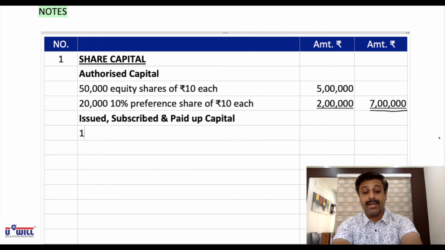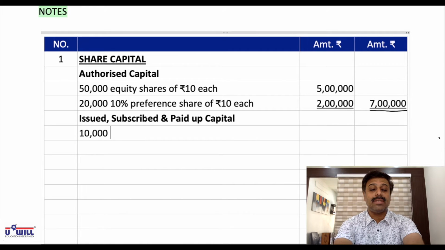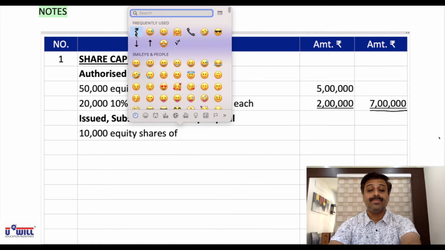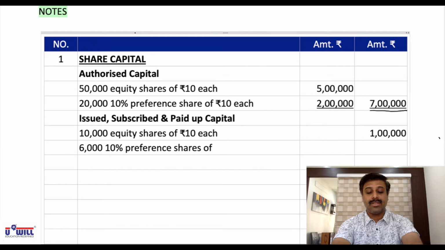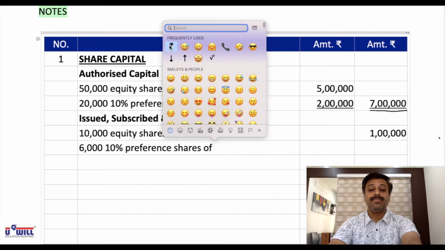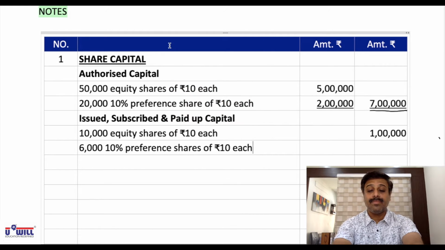In that we will write 10,000 equity shares of rupees 10 each, that is 1 lakh, and 6,000 10% preference shares of rupees 10 each, that is 60,000, and there will be a disclosure in brackets again.